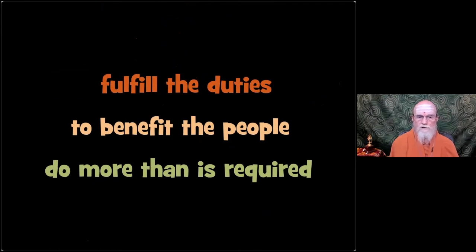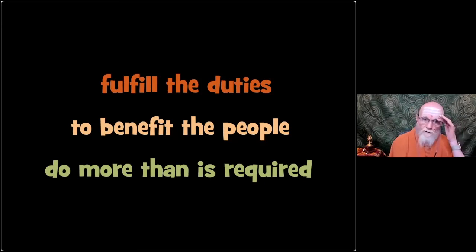So a politician has a certain constituency, and if he's really striving to benefit that constituency, then he's benefiting the people. And we do more than is required. We just don't work 9 to 5. We try and put in extra time and help people in extra ways.